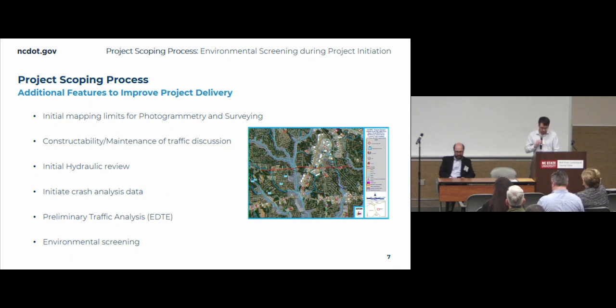We can initiate crash analysis data. The express design traffic evaluation is something we can do for certain projects that have a traffic need driving the purpose. And most importantly, at least for the purposes of this presentation, environmental screening.